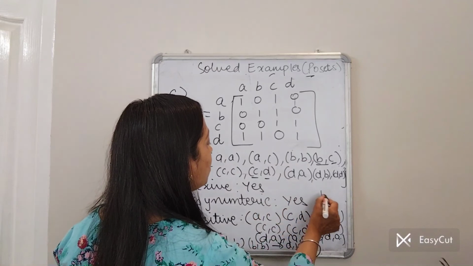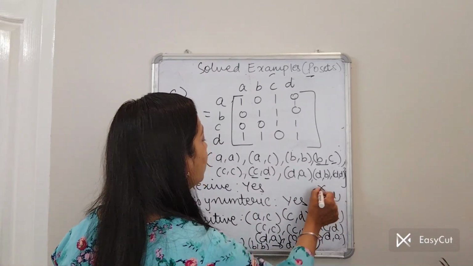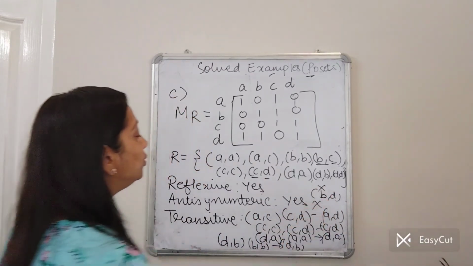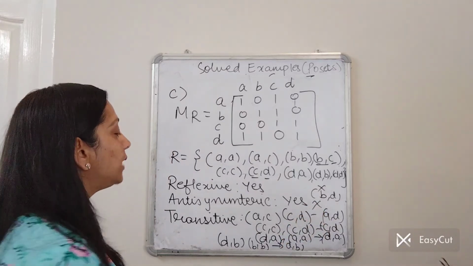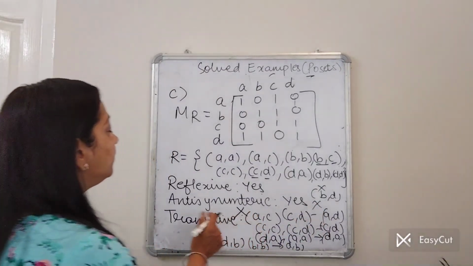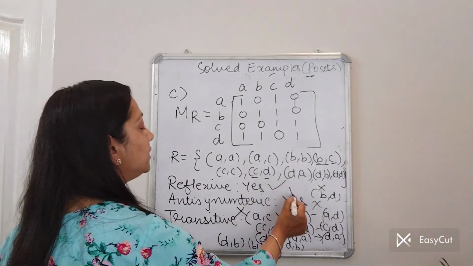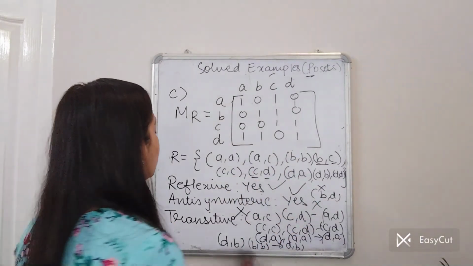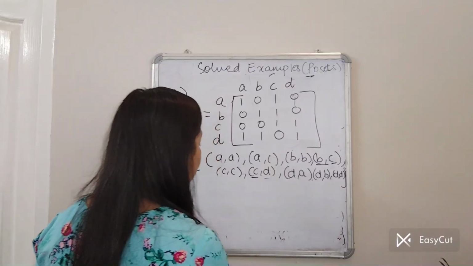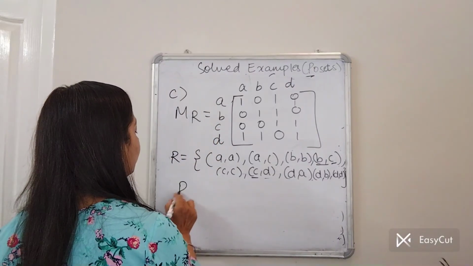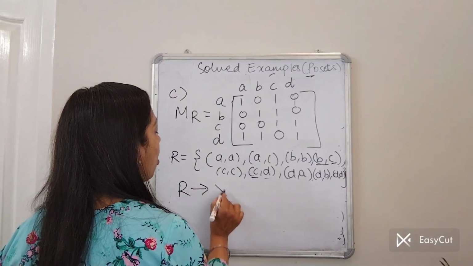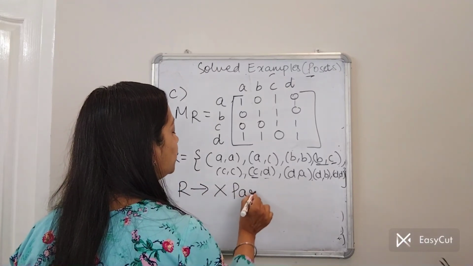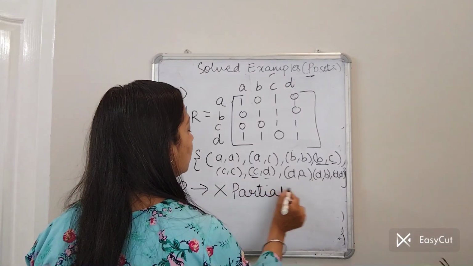No. BD is not here and AD is not here, which must exist as per the rules of transitivity. So that means it is not transitive. This relation is reflexive, it is anti-symmetric, but it is not transitive. So I can clearly say that this relation R is not a partial order.